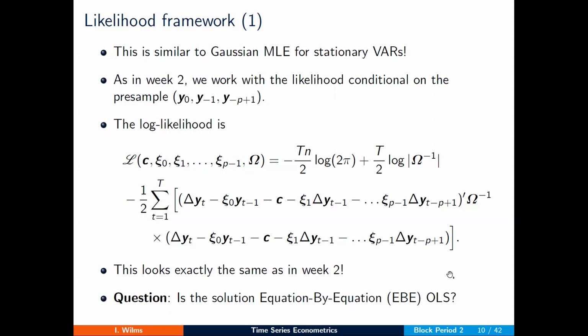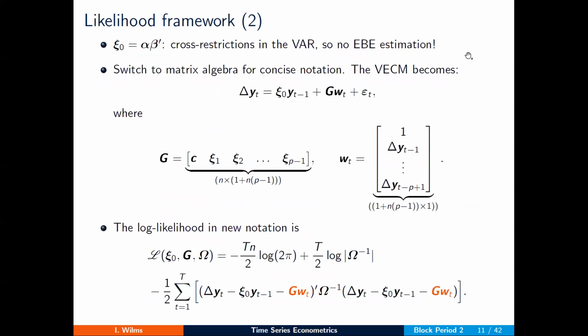Now the answer to that question is no. And why? Well, a crucial difference with the VAR framework concerns this matrix psi here, on which we have to impose a reduced rank restriction in order to estimate our system with H cointegration relations.